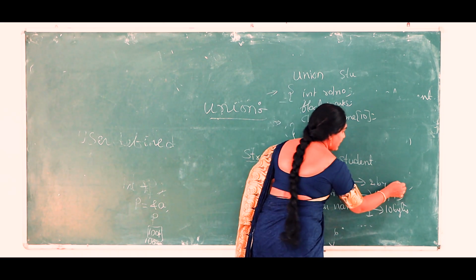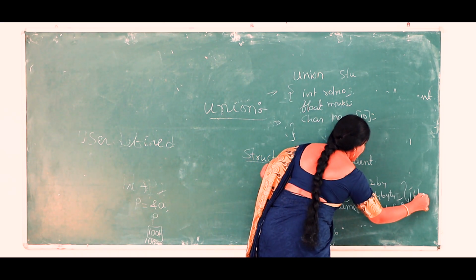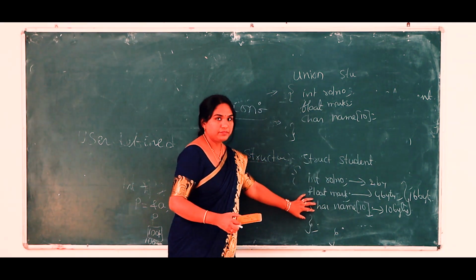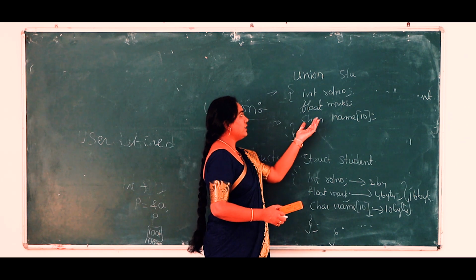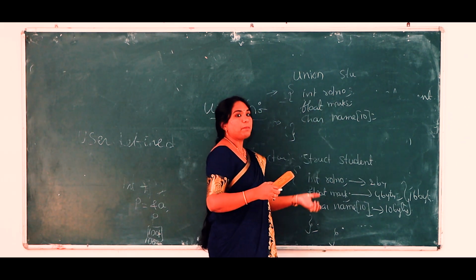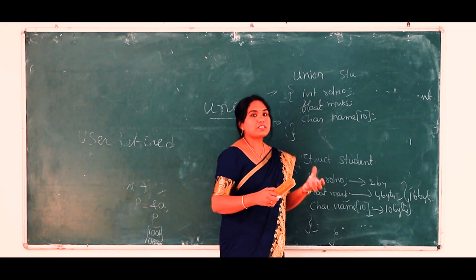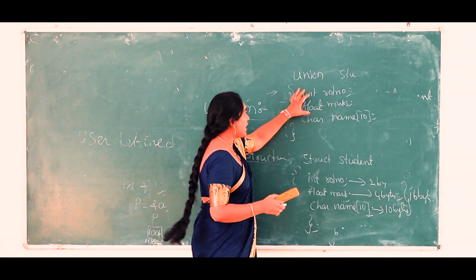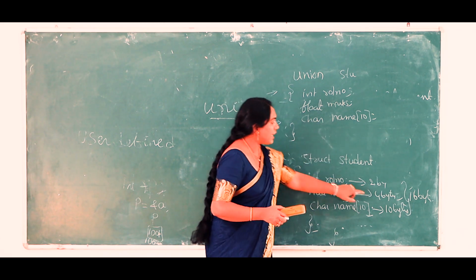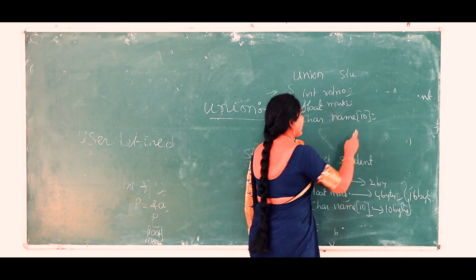How many bytes in total? 16 bytes of memory it allocates for the structure. But in union, which one is the largest memory location? Name. It takes 10 bytes of memory.